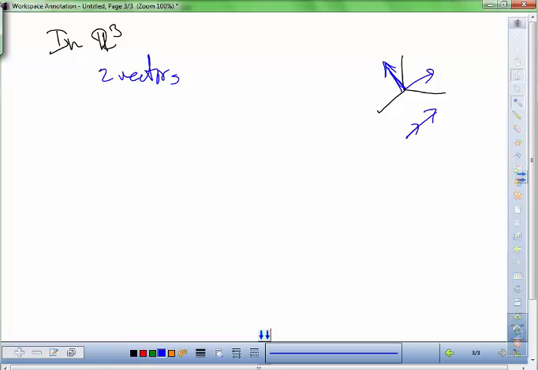Can you tell me something interesting about that line that's being spanned by those two vectors? No, it's in R3, but it's only spanning a line, so it's only a one-dimensional thing. Okay, I guess to lead it a little bit more, is there a special point that it passes?